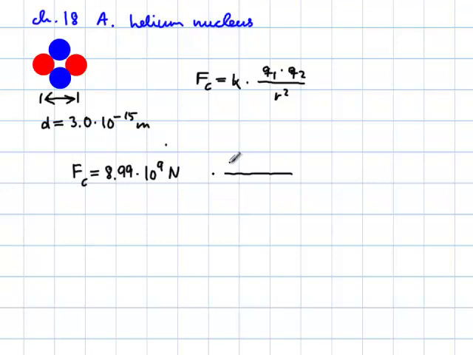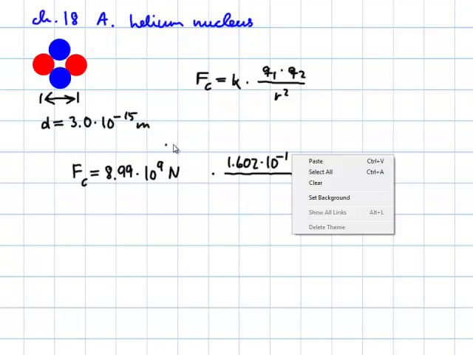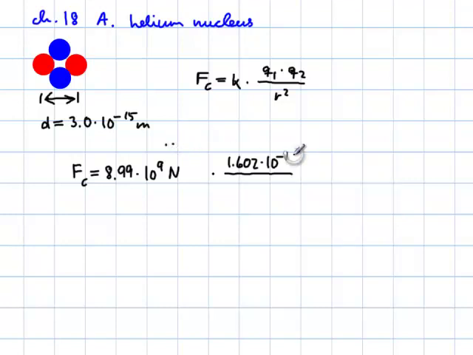I do have it memorized. 1.602 times 10 to the negative 19 coulombs times the charge of the other proton, but that happens to be the same.